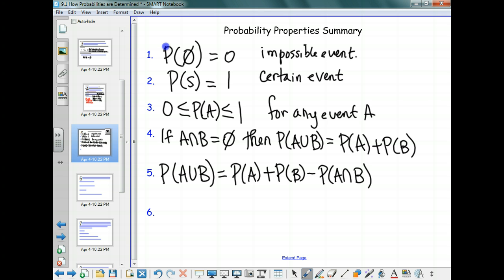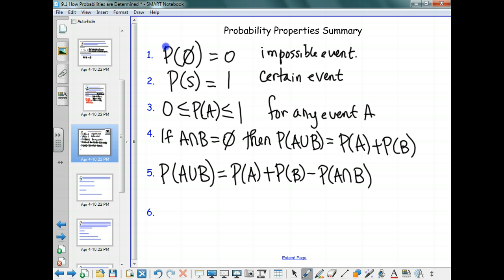So if I count the 3 items for evens, and then the 3 items for primes, I would have to remove 1 because I counted the number 2 twice. I counted it in both of those descriptions. So if I take my 3 plus my 3 and then minus the 1, I end up getting 5 of them, because it really is everything except the number 1, right? So 5 out of 6 times I'm going to get a roll that's either even or prime. Okay, so that's what this is describing.